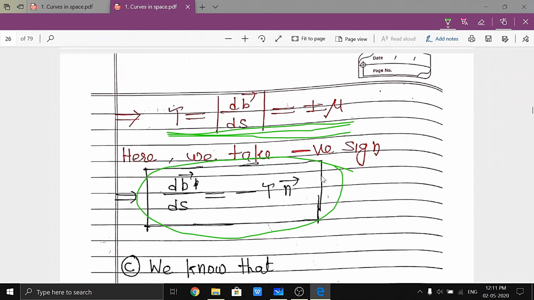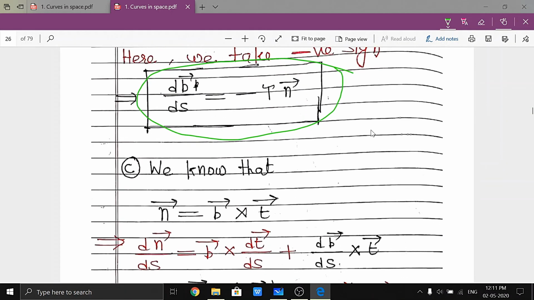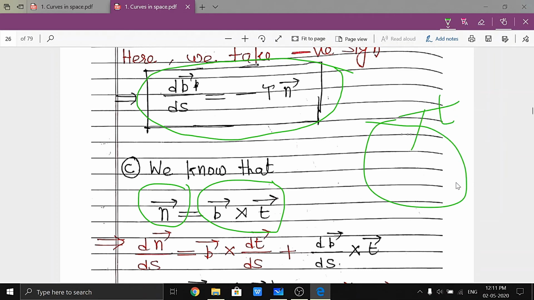After this, third, which is dN/ds. To find dN/ds, we take the value of the N vector, which is equal to B cross T. Clear? Because if this is a circle, this is the T vector, this is the N vector, and this is the B vector, right?